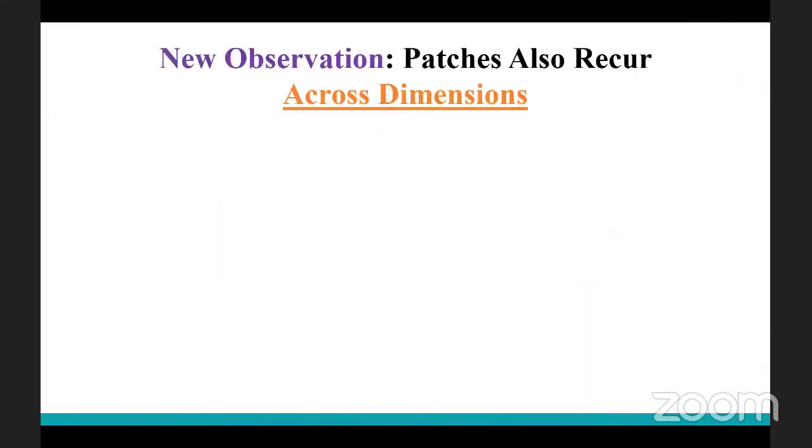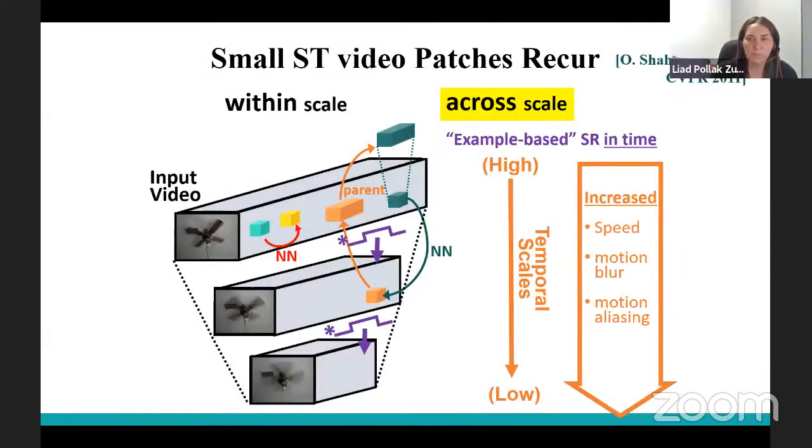So what we can do is train a video-specific convolutional neural network on these examples. We're not going to use the traditional patch-based, not deep learning, algorithm.